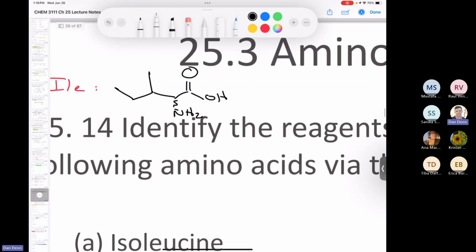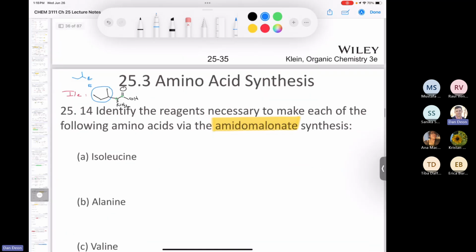So if this is isoleucine up here, it turns out that these 2 carbons come from the starting material in the amidomalonate synthesis. And so our alkyl halide is going to come from this portion here. So that means the alkyl halide that we're going to need is going to be 2-bromobutane, or you could call it sec-butyl bromide, either way. Okay, either one is totally fine.